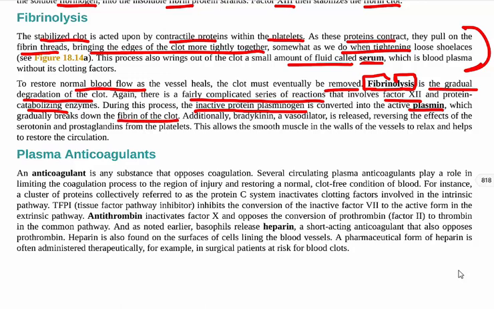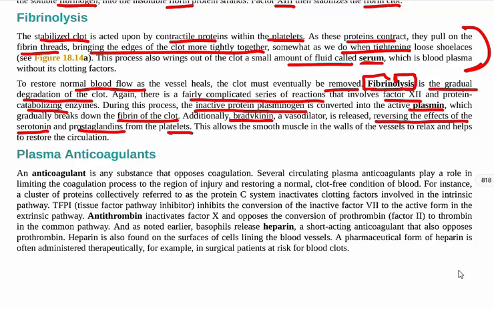So again, if we had plasmin going around, it would just start breaking down clots all over the place. So we need our inactive form, plasminogen, and then converting that into our active plasmin. Then that's going to gradually break down the fibrin. Additionally, we have bradykinin, which is a vasodilator, is released. So that's going to reverse the effects of the serotonin and the prostaglandins that were released from the platelets.